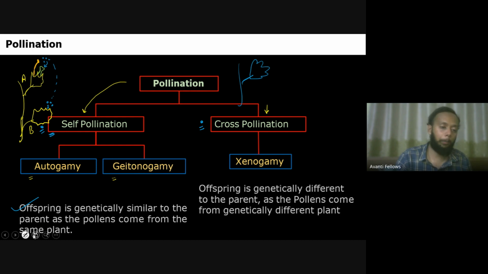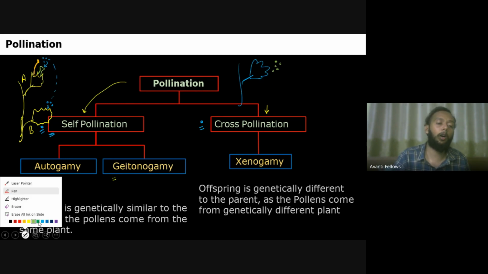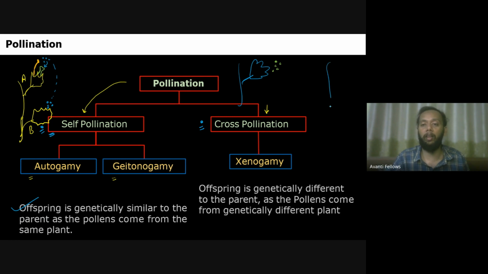From here the pollen grains are going to come out, travel either via wind or some other sources, and go and sit on the stigma of another flower of another plant. If that happens, that is an example of cross-pollination. That is called xenogamy. So cross-pollination can also be called xenogamy.